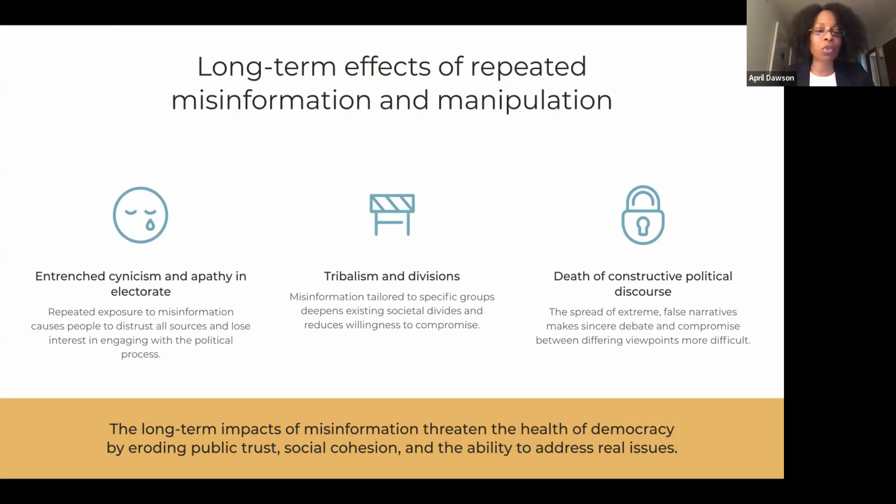What more needs to be done to mitigate the efforts of those trying to undermine our democracy? Are our legislative bodies equipped to do that? Or are we a society so siloed that we can't even come together and have sincere debate and compromise and move forward? Sowing misinformation, disinformation and manipulation just really does hurt our democracy.